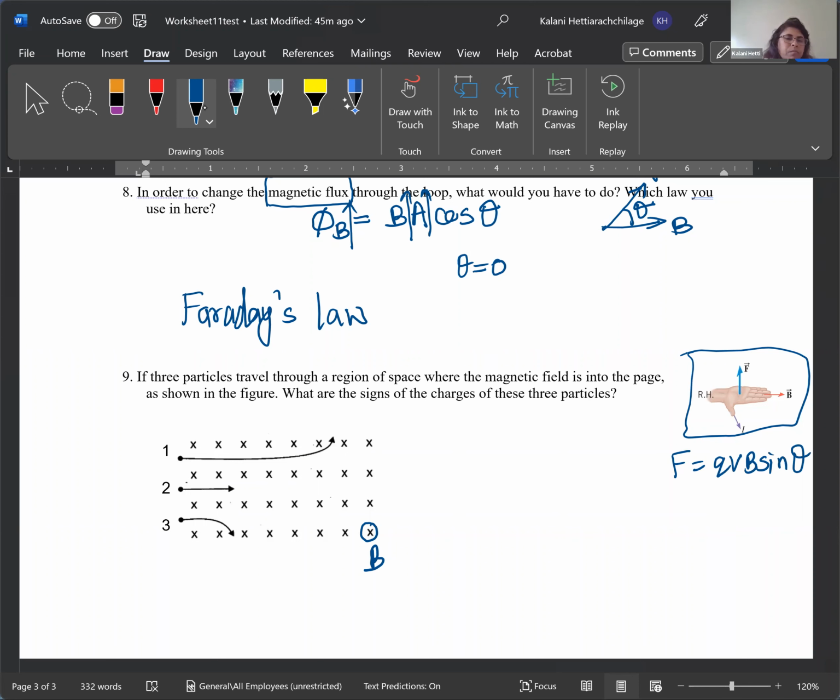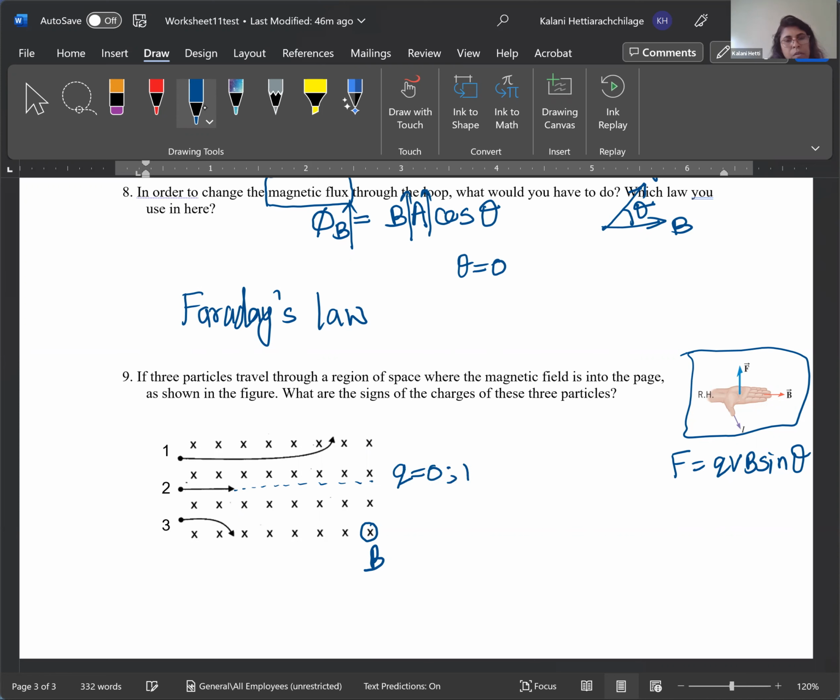Now you see the second particle, I'm going to start with the second particle. The second particle seems to me no bending at all. No bending means there is no force. No force means, what is the reason for that? We have velocity, we have magnetic field. There is sine theta of 90 degrees, but the force is still 0. What is the possibility? This particle should have charge 0 to make the force 0.